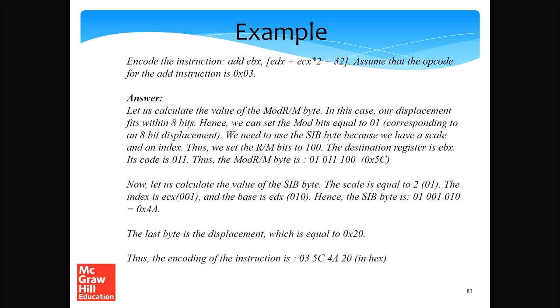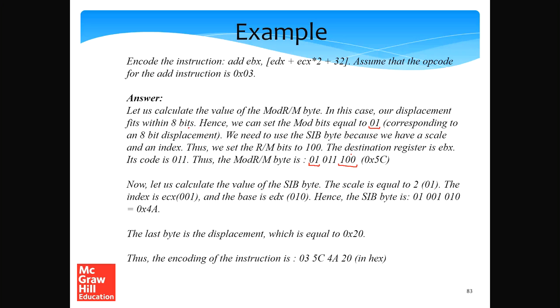Our displacement fits within 8 bits, hence we can set the mod bits equal to 01, corresponding to an 8-bit displacement. Then we need to use the SIB byte because we have a scale as well as an index. Thus, we set the R by M bits to 100 at the end.